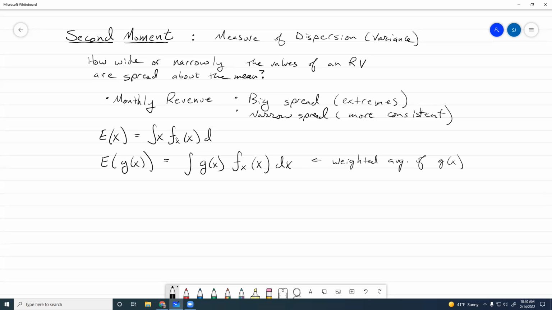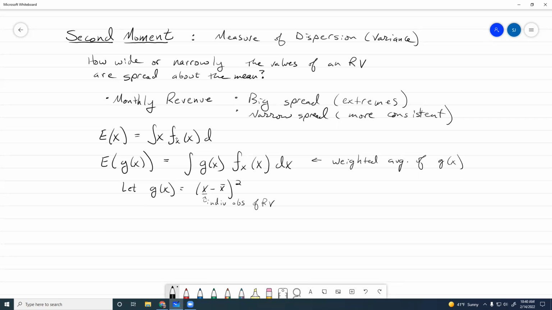So for this second moment, we're going to let that function g of x equal this measure of dispersion. How far does each individual observation of x, or realization of our random variable, stray from the mean value?